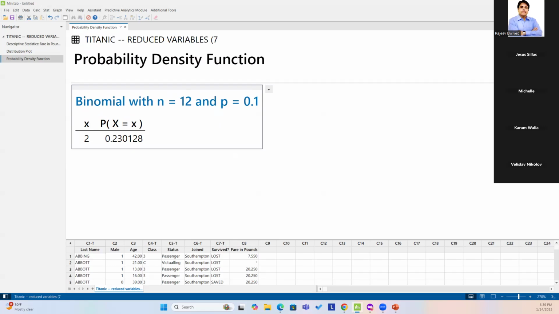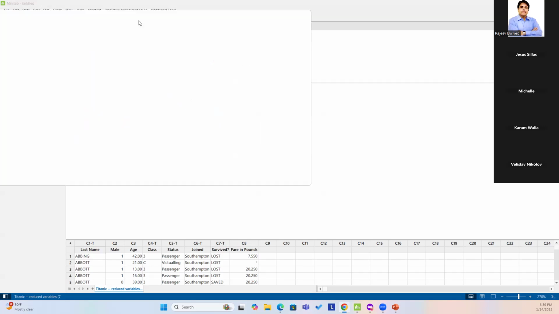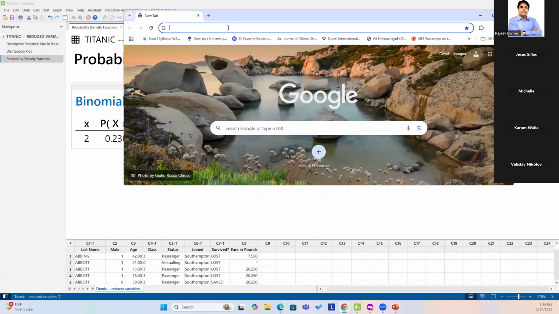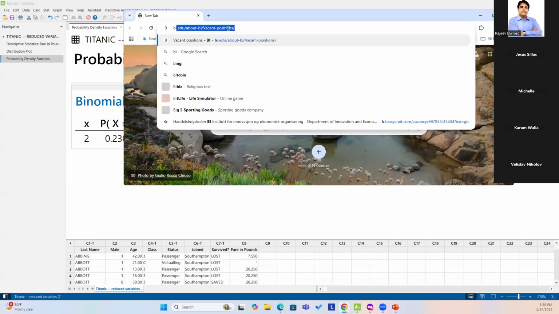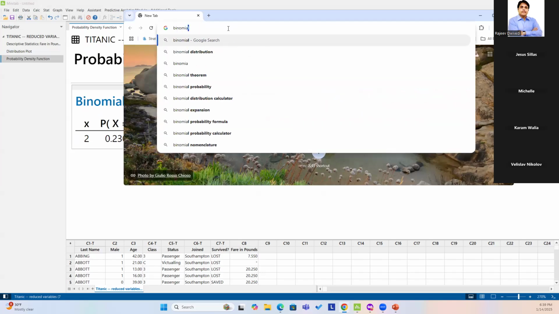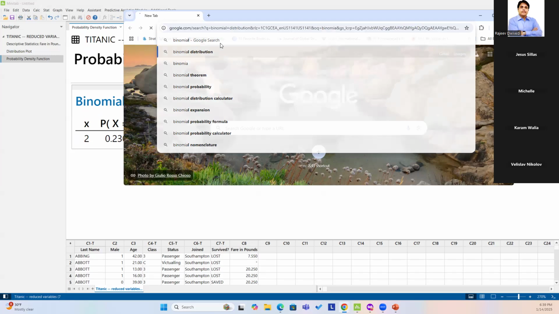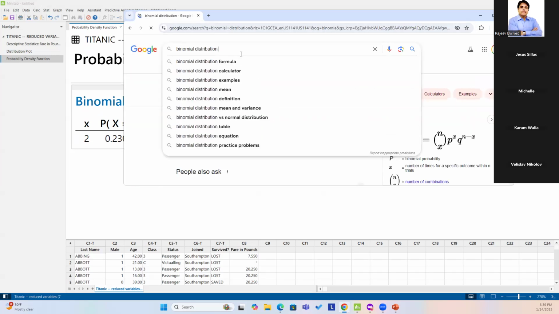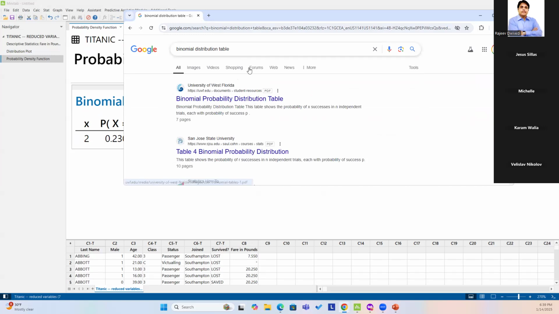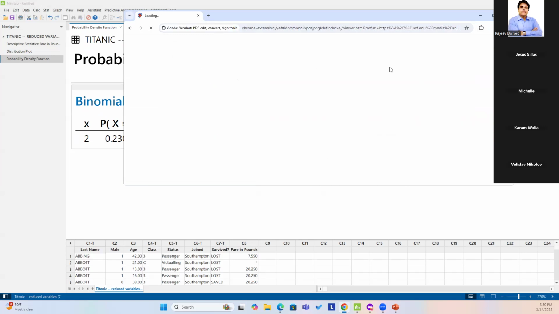Now let me demonstrate one more thing. Give me a minute. Hopefully you can see my distribution table. I'm just going to pull up the table.